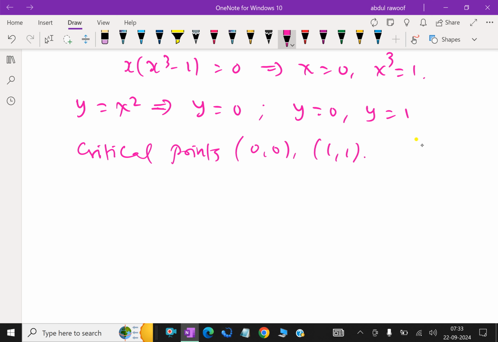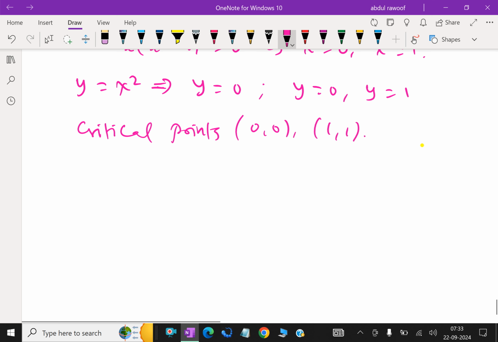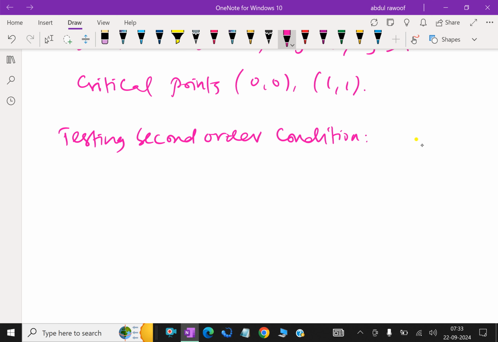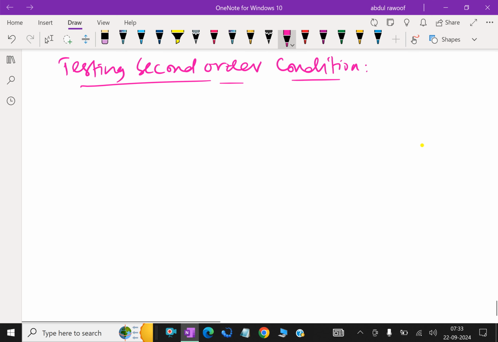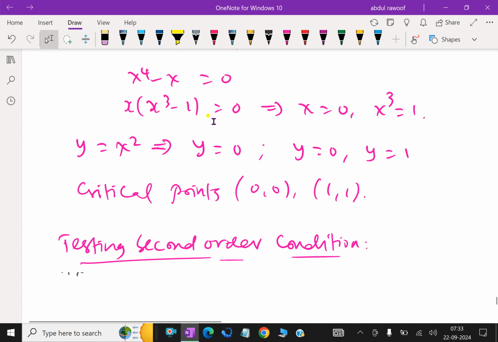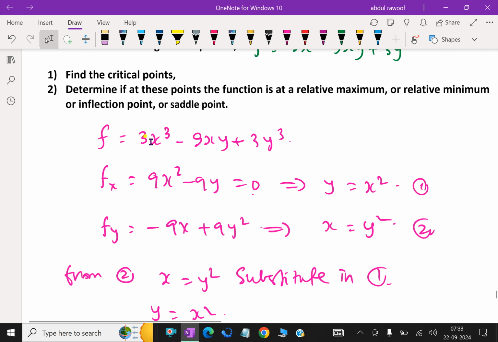Then testing the second order conditions. Here fxx means the derivative of fx with respect to x, that is ∂²f/∂x², where fx is 9x squared minus 9y.